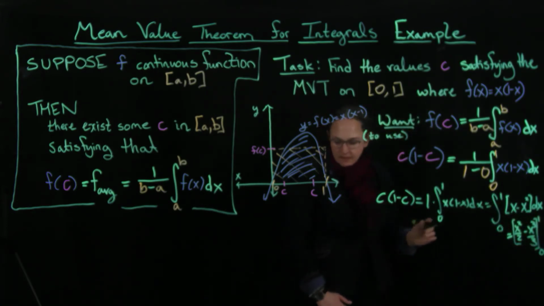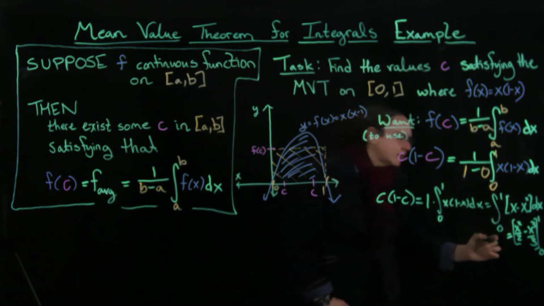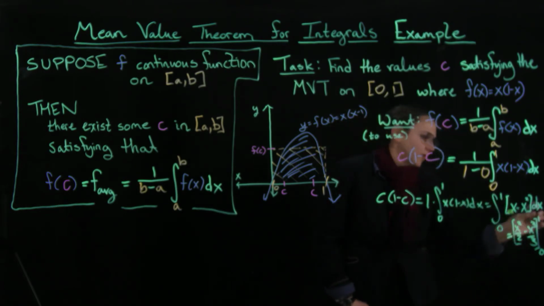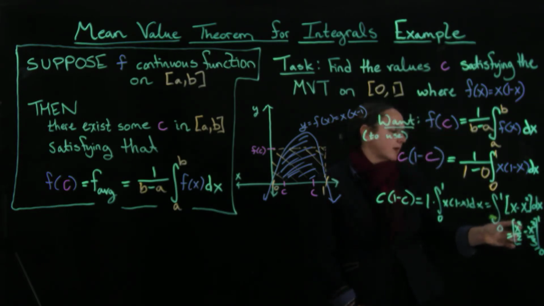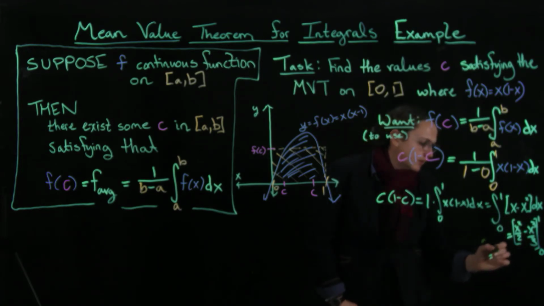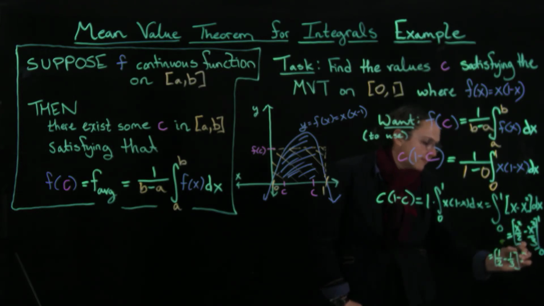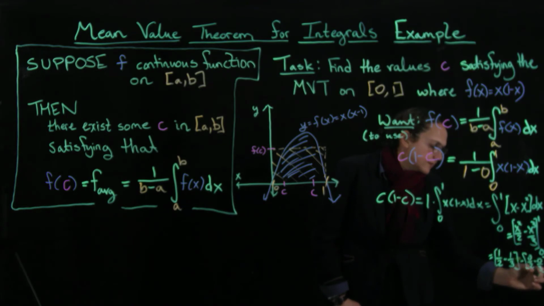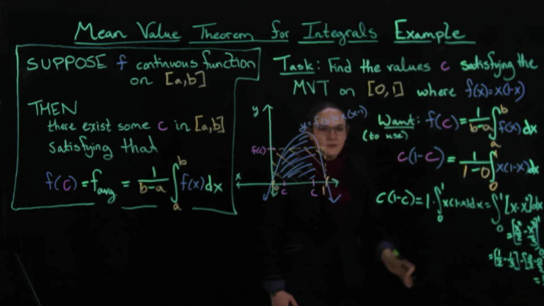Which is actually going to equal, well, I'm going to put in 1 here, so I get 1/2 minus 1/3. And then I'm just going to get zeros from the lower limit. So this is all going to equal 1/6. Okay. So I kind of did that over there.